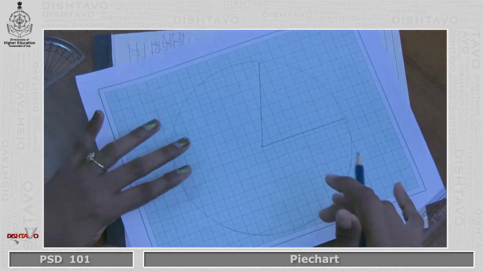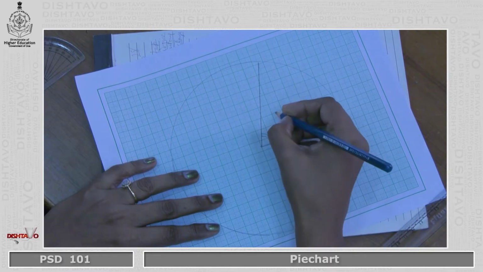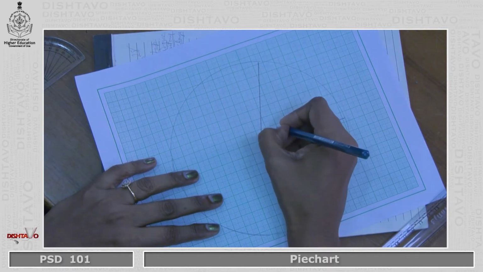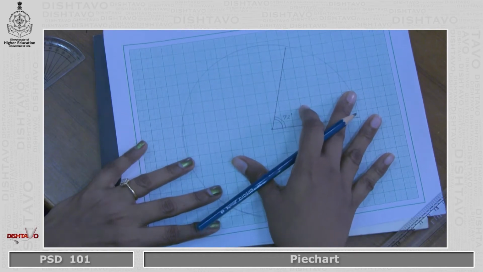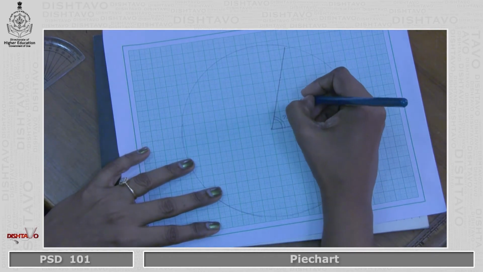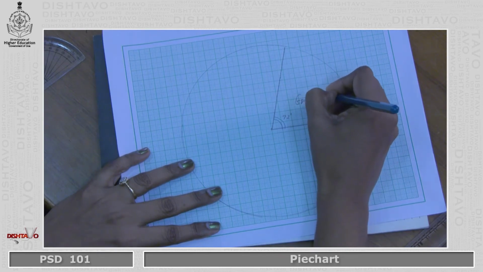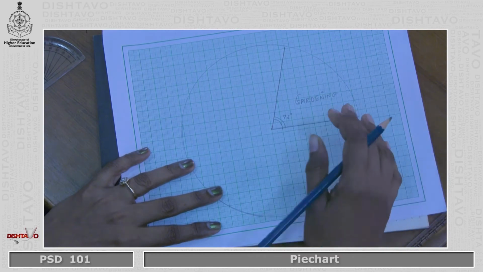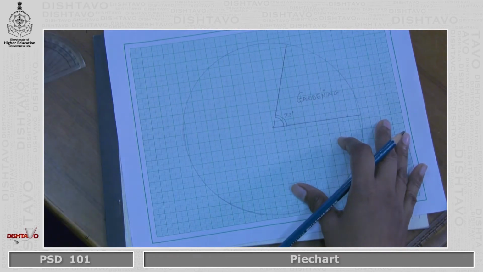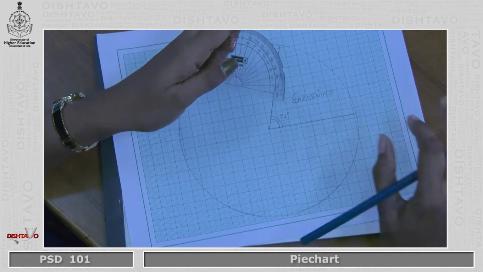All right. Once we join that, you can put the value of the angle here for you to know which is the component of the circle that you have already plotted, as well as name the component as gardening. Then we proceed to mark the next angle, which is 18 degrees.